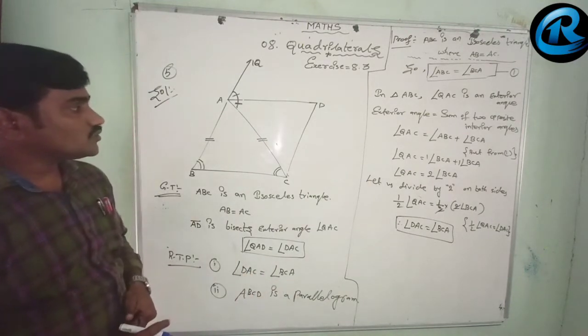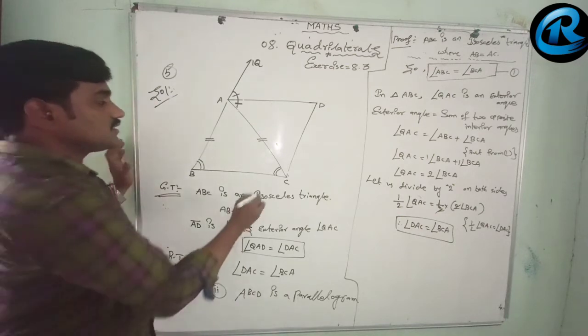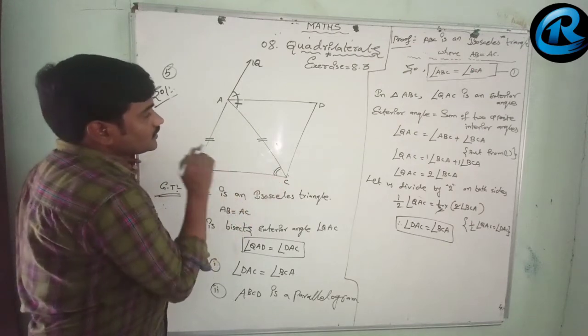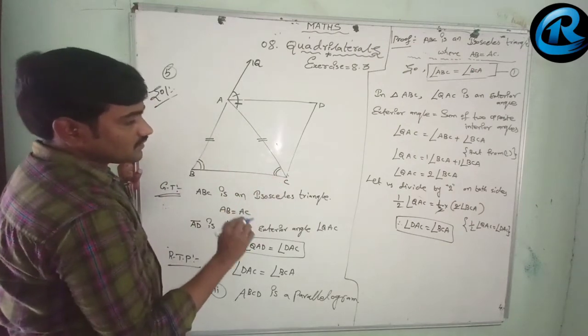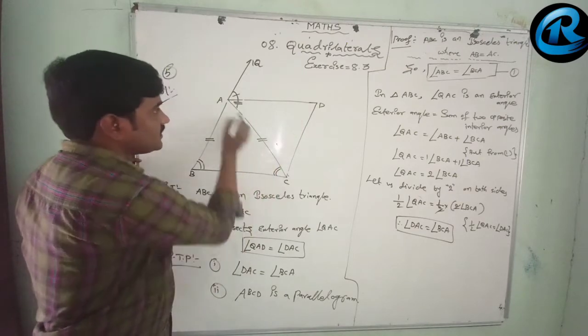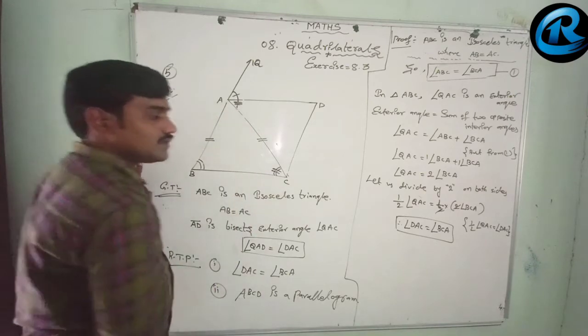Now we have to show that ABCD is a parallelogram. See, these two angles become equal now. Yes, angle DAC and angle BCA, these two angles become equal.